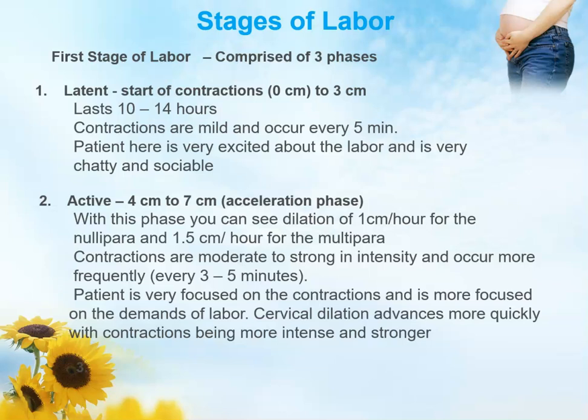Usually with first babies, mom's in labor for the first time, this could take a long time. It may take longer, okay? Contractions here are mild and occur every 5 minutes. Patient here is very excited about the labor, and she's very chatty and sociable. She's like, this is fun, okay? Oh man, it's like a walk in the park, but not really, because it doesn't always stay that way. So that's latent, okay?